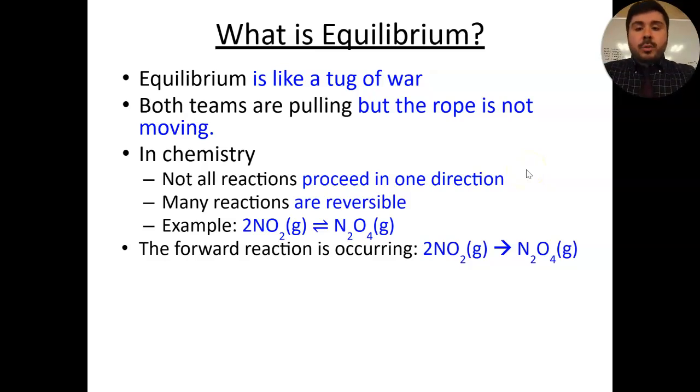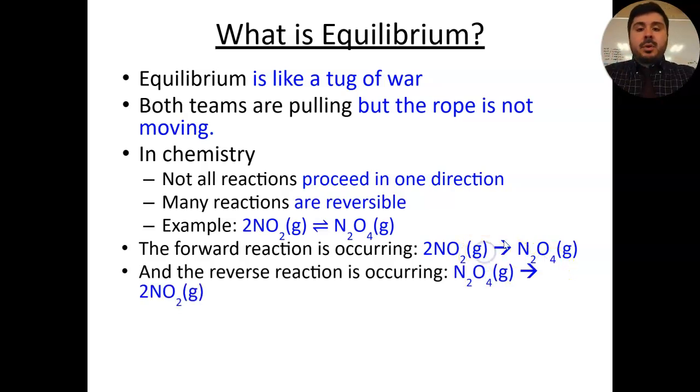Now, the forward reaction in this example is exactly how you see it: NO2 gas forming N2O4 gas. One arrow, one direction, that's it. But the reverse reaction is exactly what you might assume: it's the opposite, N2O4 going in reverse, forming NO2 gas.